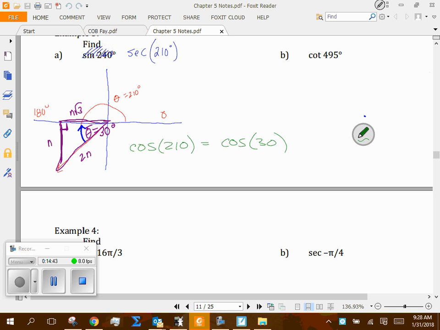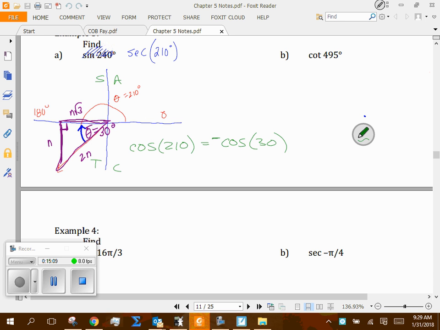And cosine should be what in the third quadrant? Negative. So cosine of 210 should be the exact same thing as negative cosine of 30. If you type cosine 210 in your calculator and hit enter, you get a decimal. Type in negative cosine of 30, hit enter, and it should give you the exact same decimal, right?